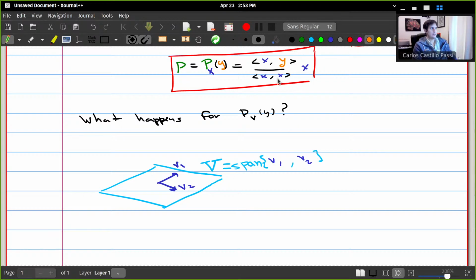And we have y, and we want to get this P that is the orthogonal projection, but to the space, not just a line. How can we do it?